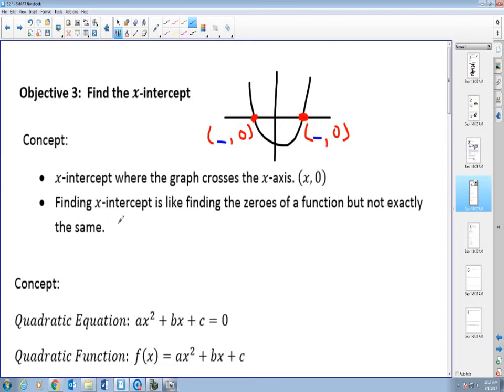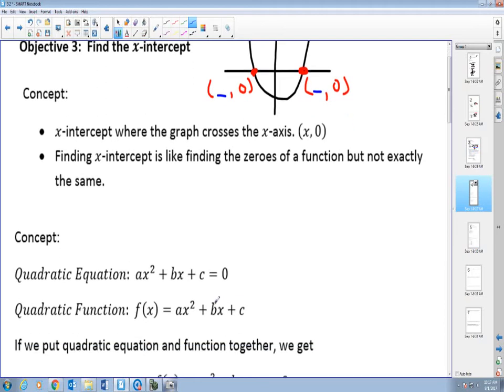So finding x-intercept is like finding the zeros of a function. Okay, we'll talk more about this later on, but it's not going to be quite exactly the same. Alright, so before, in another video I mentioned, okay, a quadratic equation has this form where we set equal to 0. Why did we set equal to 0? That 0 here is referring to y is equal to 0. So our job was to find x when y equals 0.